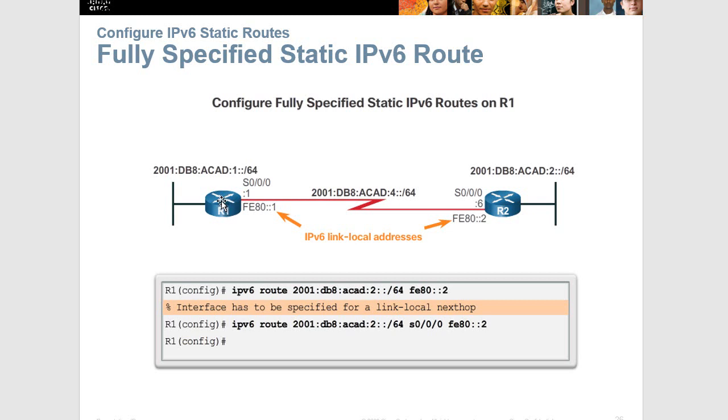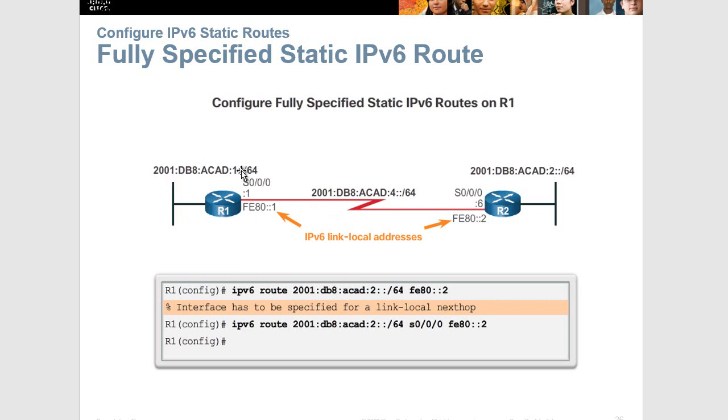R1 could be connected to multiple routers that have FE80::2 as their link local interface connected to R1. So let's say there's a router out here also using FE80::2. R1 doesn't know where to send this traffic that matches the network here, because there are two links connected to FE80::2. All right?